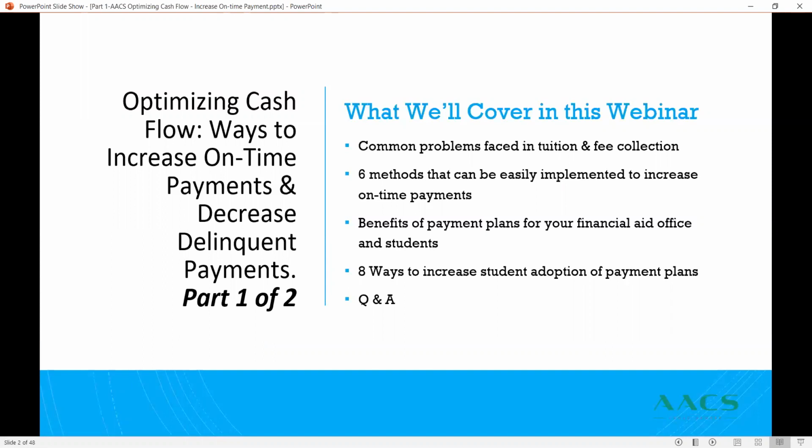What we're going to cover today is common problems faced in tuition fee collections, 6 methods that can be easily implemented to increase on-time payment, benefits of payment plans for your financial aid office and also for your students. There are 8 ways to increase student adoption of payment plans. At the end, we'll have a question and answer session.